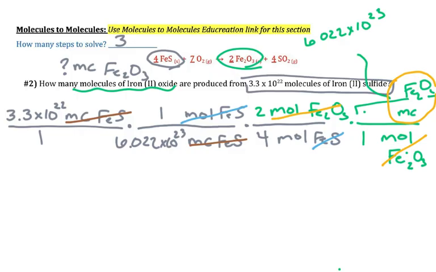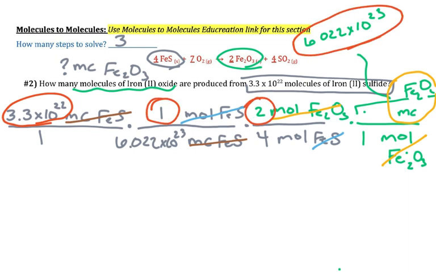When we go to do our math, we can multiply across the numerator. 3.3 times 10 to the 22nd times 1 times 2. And let's calculate this one including that Avogadro's number in there, so we're not actually canceling it out, just to make sure we get the same thing.